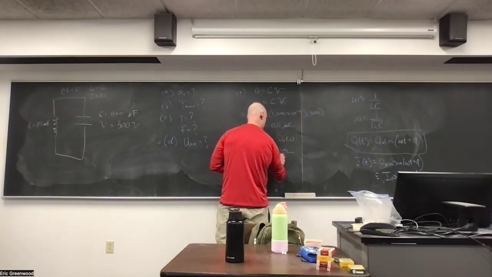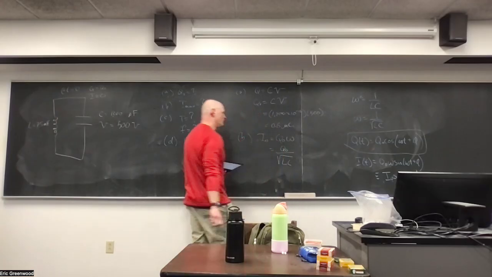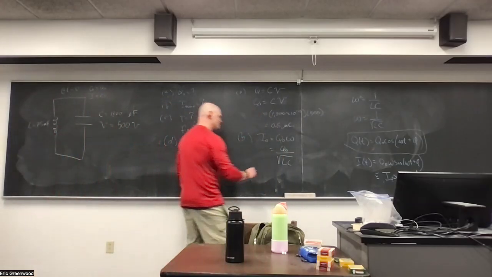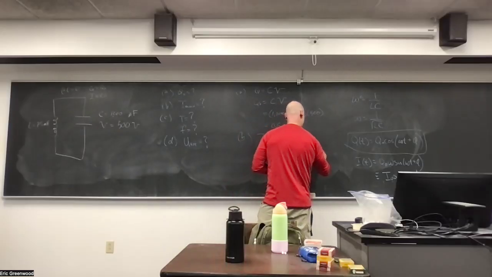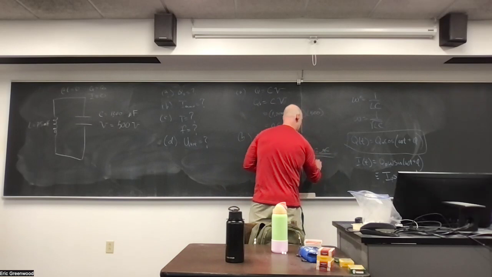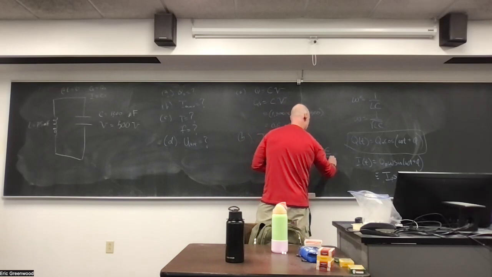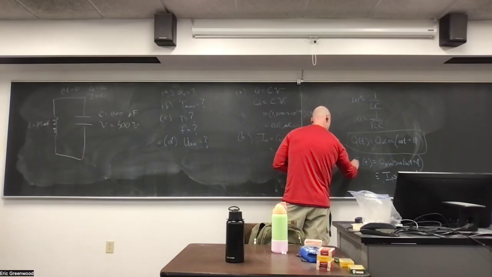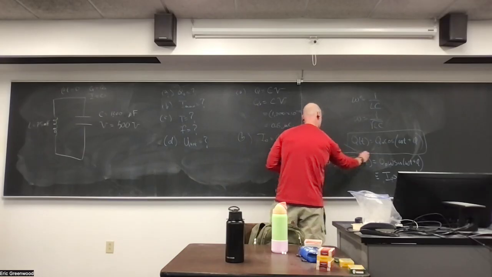So I'm going to get my initial amount of charge divided by the square root of LC. So plug in my numbers. This is going to be 0.6 microcoulombs, so that's 10 to the minus 6, over the square root of 75 millihenries, which is times 10 to the minus 3, times 1,200 times 10 to the minus 12 farads.